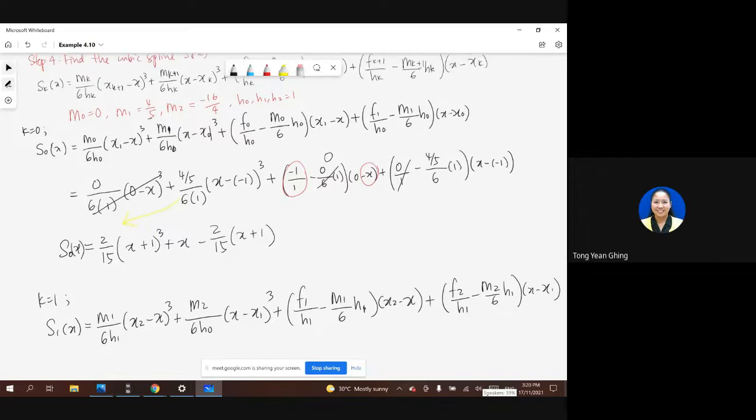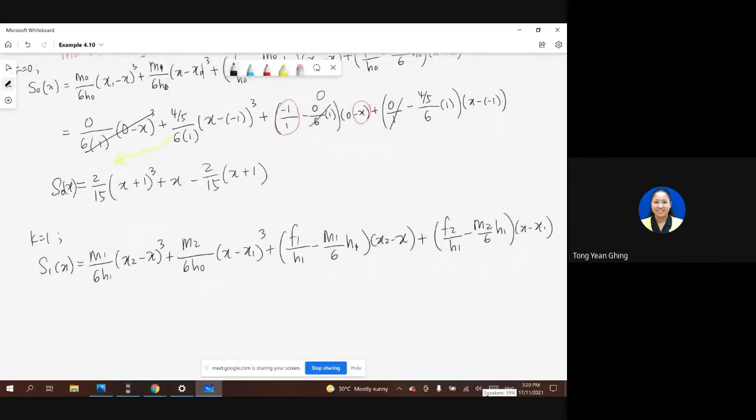So it becomes like this. So M1 is 4 over 5 divided by 6 times 1, and X2 is 1 minus X power of 3, plus M2 is negative 16 over 5 divided by 6 times 1, times X minus X1, which is 0, power of 3.